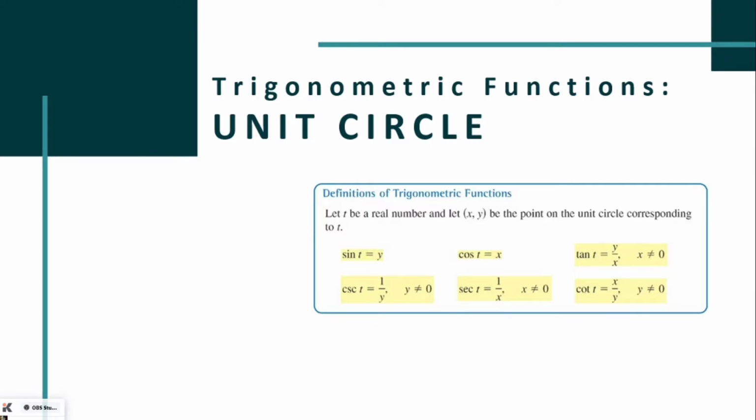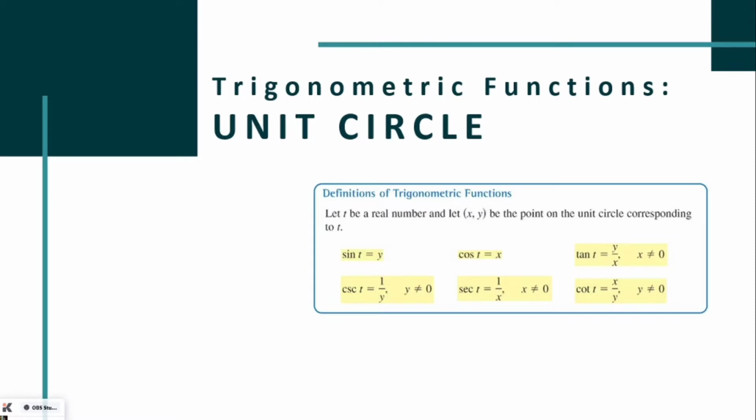Let t be a real number and let (x, y) be the point on the unit circle corresponding to t. So sine t is equal to y, cosine t is equal to x, tan t is equal to y over x, where x is not equal to 0, cosecant t is equal to 1 over y, where y is not equal to 0.